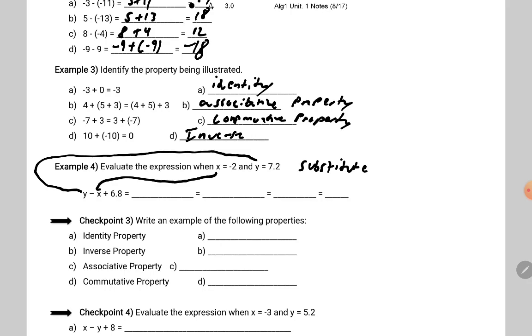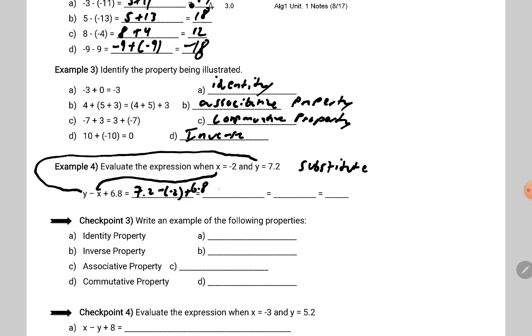So x equals negative 2, and y equals 7.2. I'm going to rewrite that: 7.2, because that's our y, minus negative 2, because x is negative 2, plus 6.8.